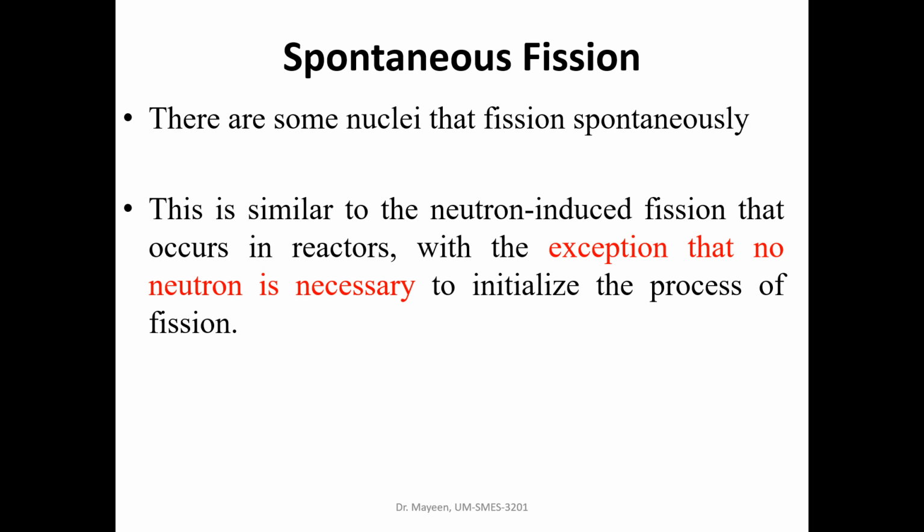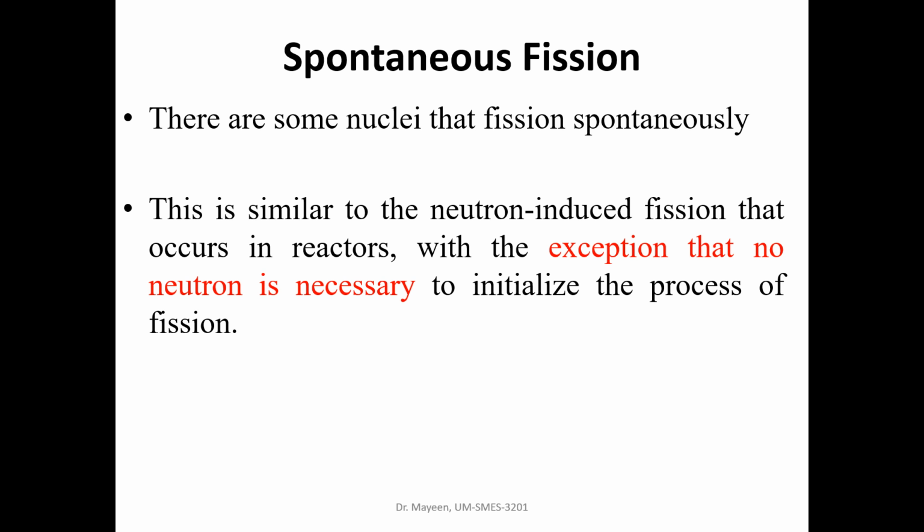Normally we have fission when we bombard a projectile on a target nucleus, and the target nucleus is split up into particles. But in some cases, unstable nuclei, after a certain time, after their particular half-life, can go to fission by themselves. That we call spontaneous fission.